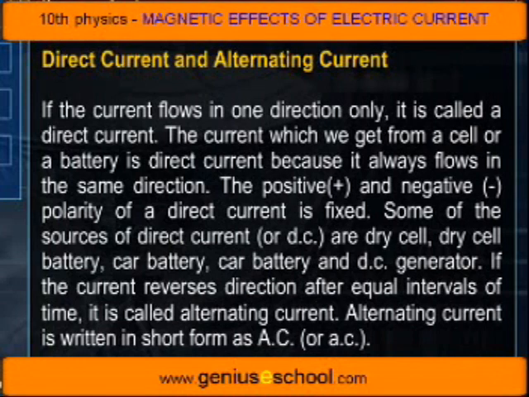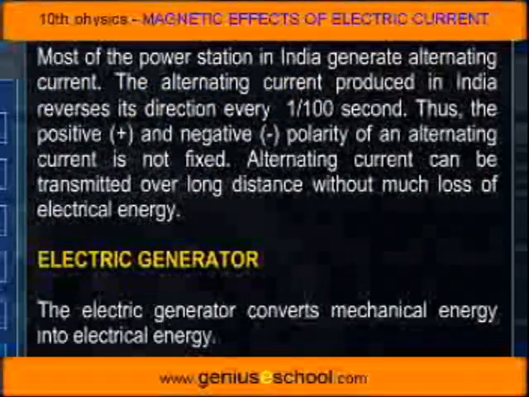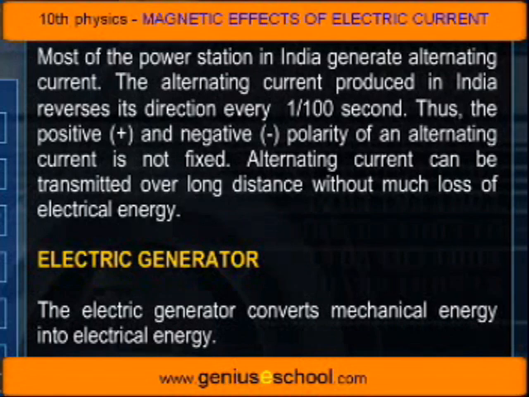If the current reverses direction after equal intervals of time, it is called alternating current. Alternating current is written in short form as AC. Most of the power stations in India generate alternating current.